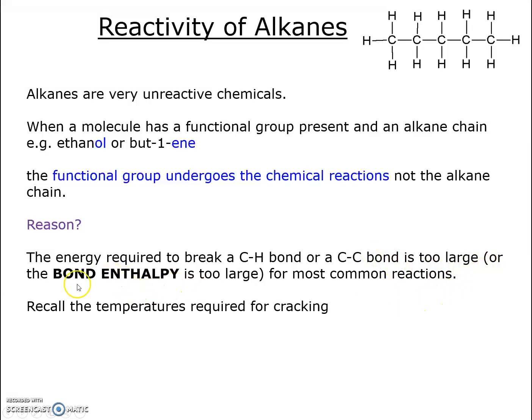What we say at A level is not just energy, it's the bond enthalpy, and that's a topic we will encounter later on in the course. Just think about the temperatures required for cracking, over 700 Kelvin, so that gives you an indication of just how strong these bonds are.